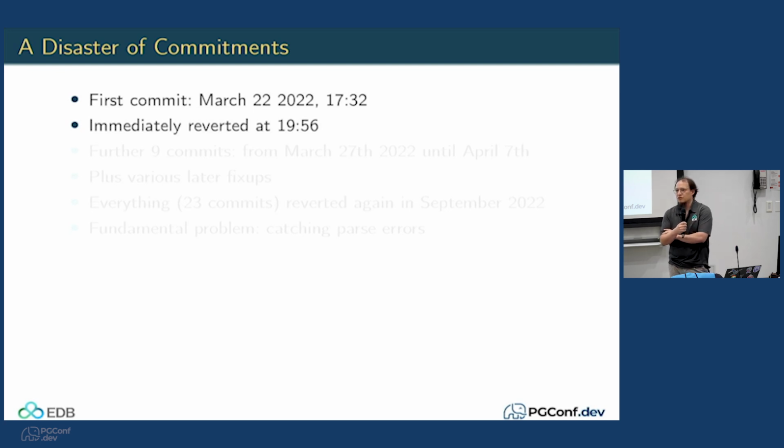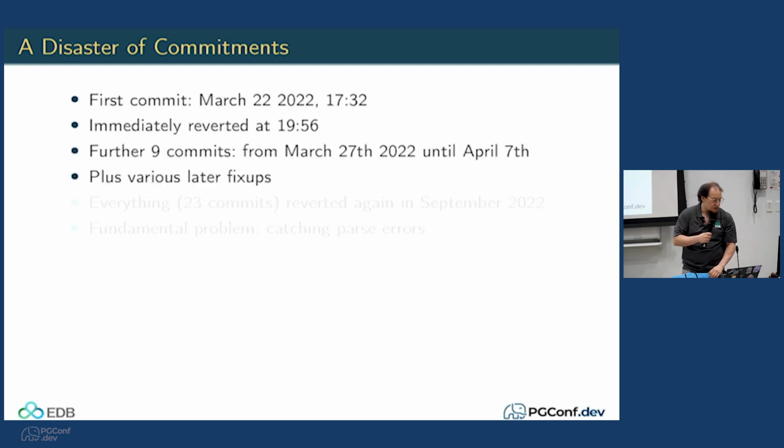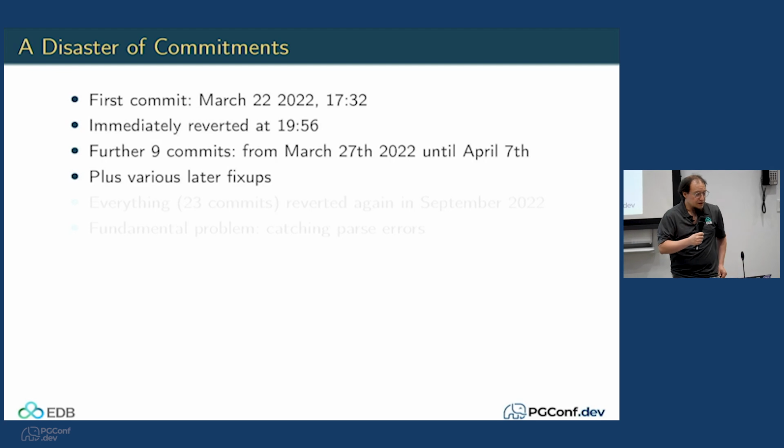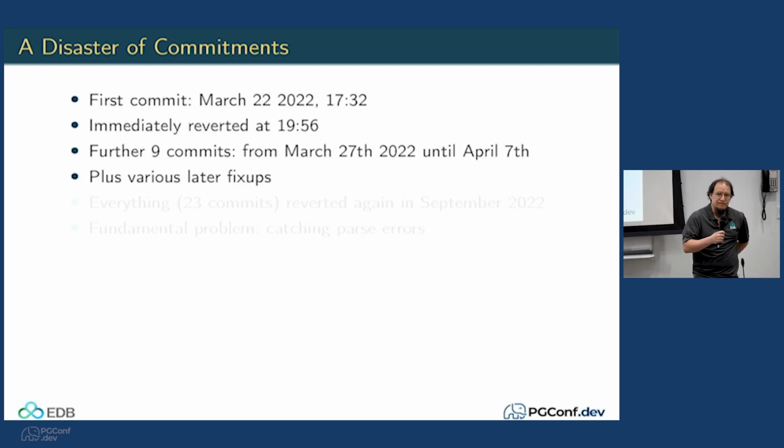And just 2 hours later, it had to be reverted because it had some terrible problem that is not really important, but it had to be taken out. So it took 5 more days before it could be committed again.